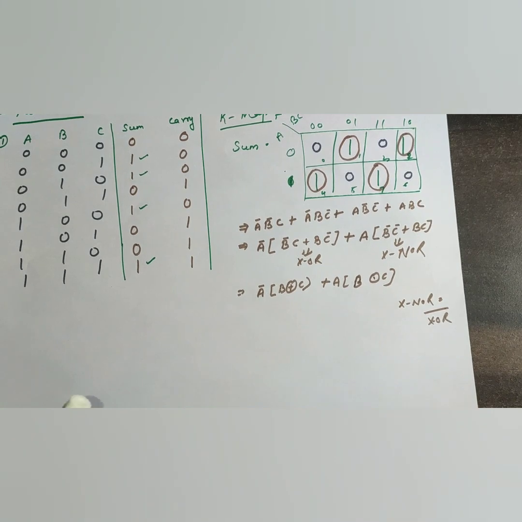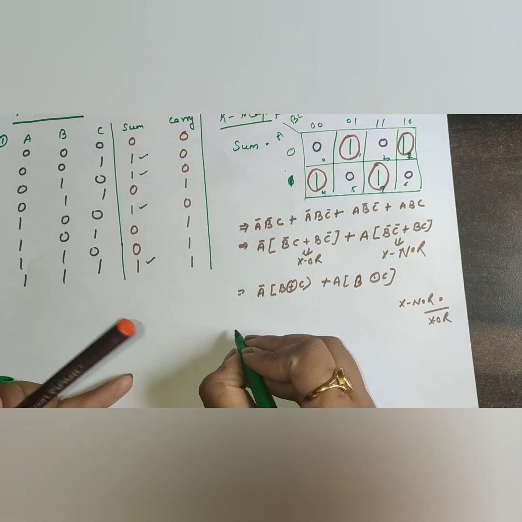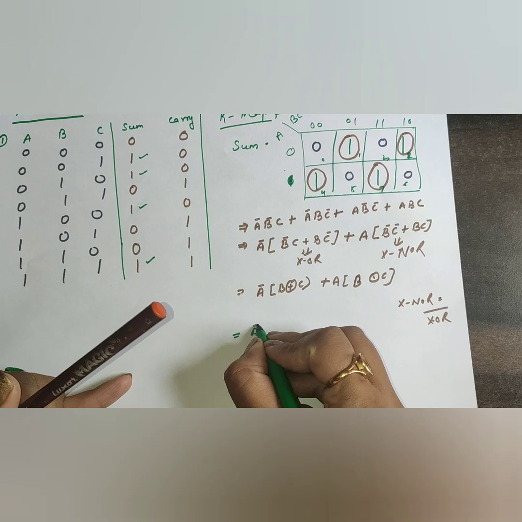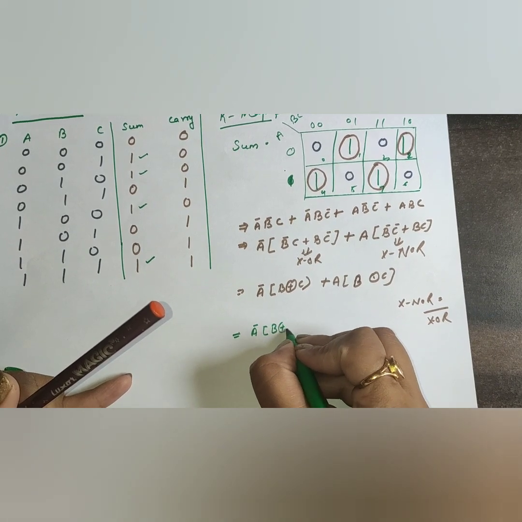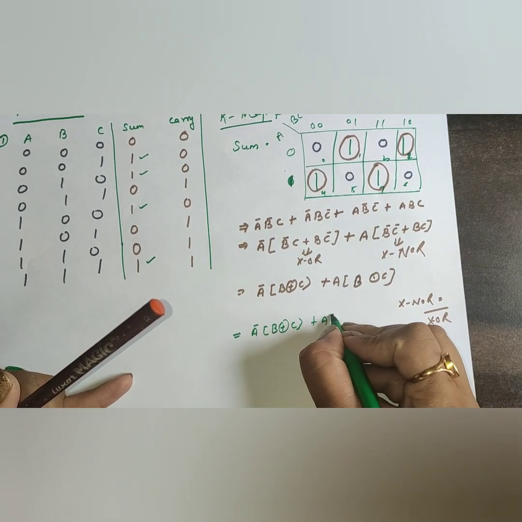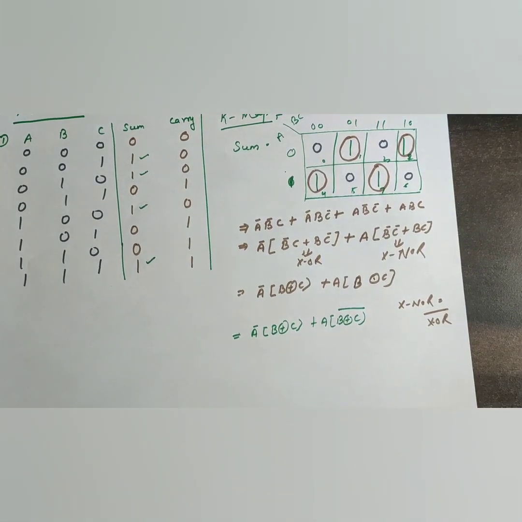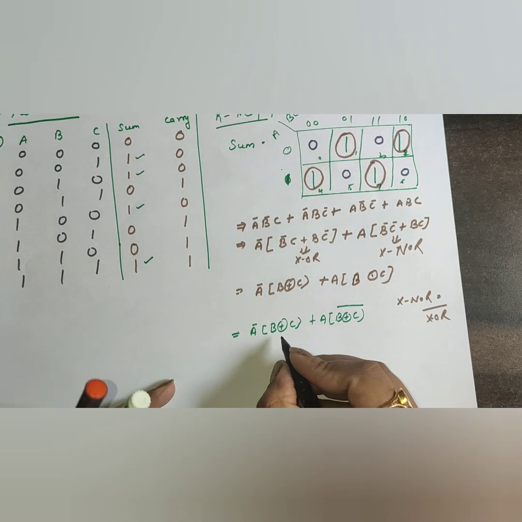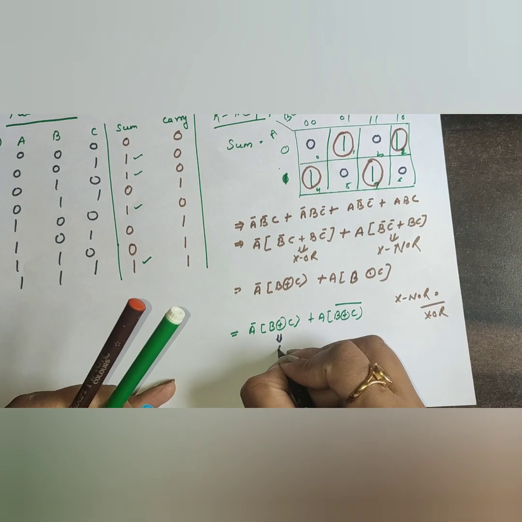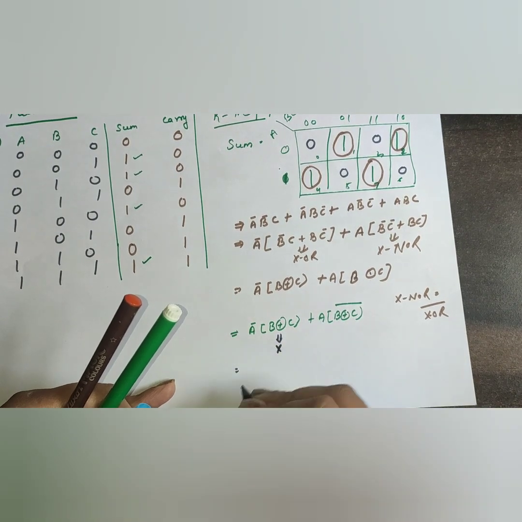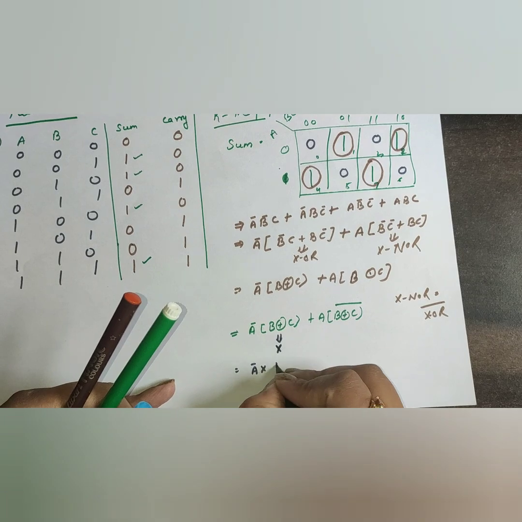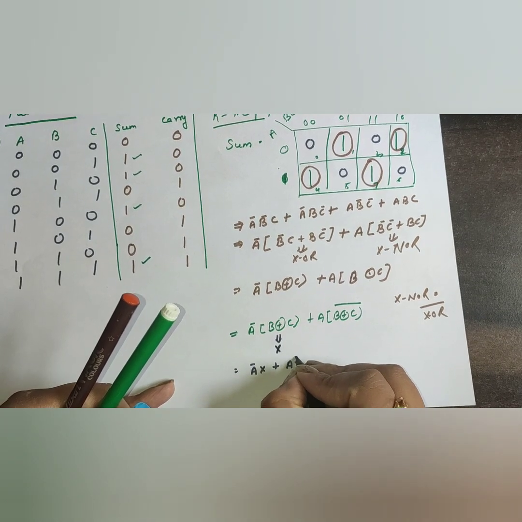I have explained how we can do that. So we can write this A bar, B XOR C plus A, B XOR C bar, like this. Now you can check if you write B XOR C as X. So A bar X plus A X bar.